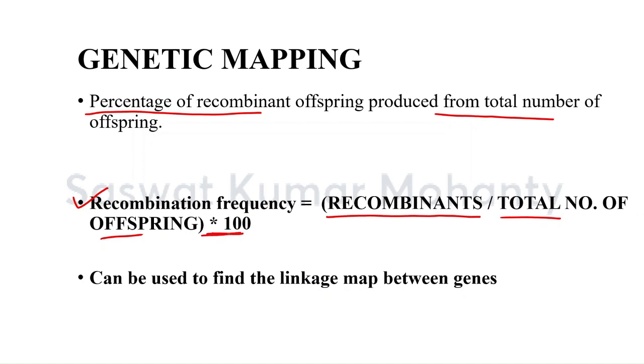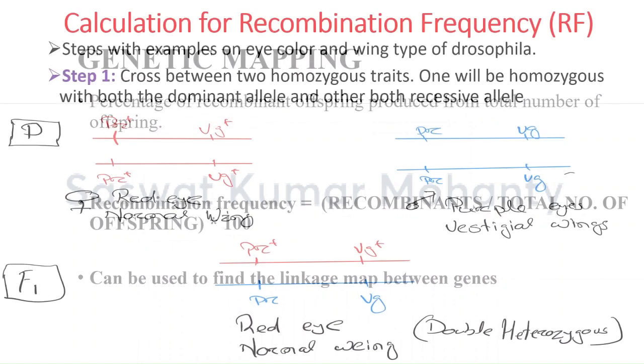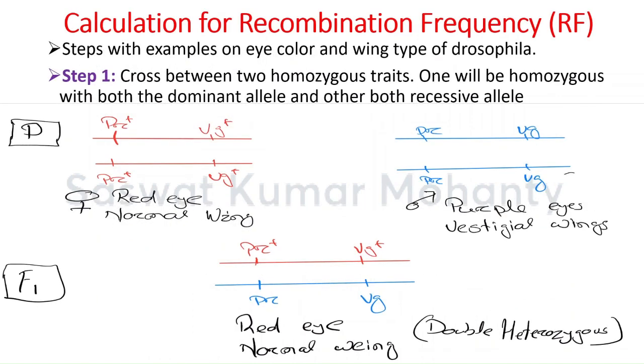It is simple: you are just finding the percentage of recombinant offspring produced. Recombinants are offspring where the two genes have undergone crossing over. The total number of offspring is the number of recombinants plus the number of non-recombinants.